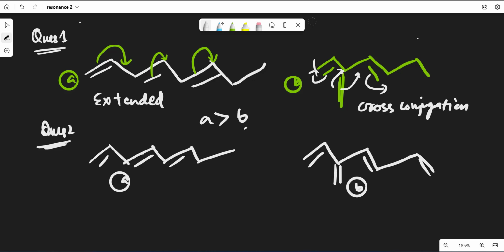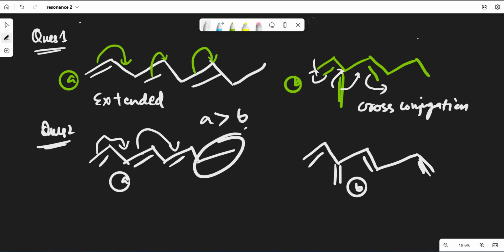I think you must have got your thought. As this has extended conjugation, you might see this double bond, but it won't be part of the conjugation because it's not in continuity with it, or it can be part of conjugation actually.